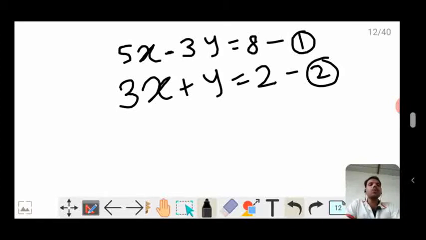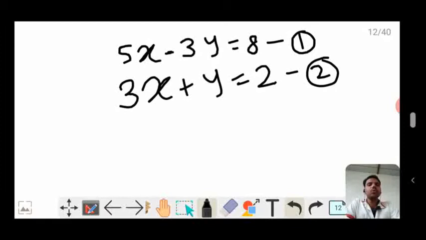So if we want to eliminate y, we have to convert the coefficient in the second equation to 3. So we get -3 and 3, and we can easily eliminate y by adding both equations. To convert y to 3y in the second equation, we multiply the second equation by 3 on both sides.